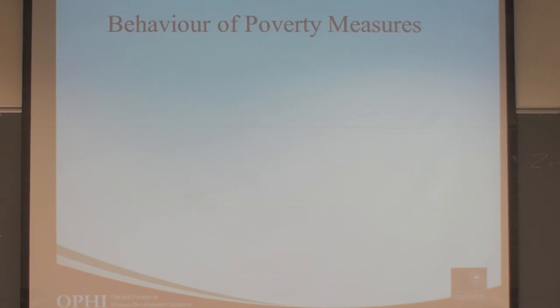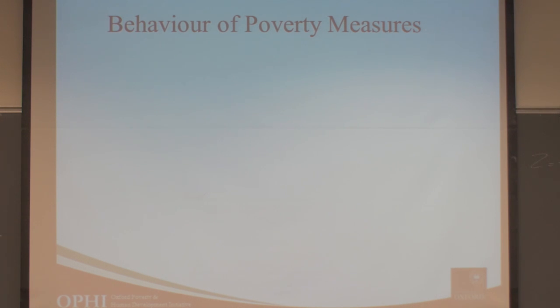So even before constructing a poverty measure, you need to agree on some normative aspects, that I want my poverty to change in this particular way. Suppose there are no poor persons in a society. What value do you want your poverty measure to give? Not 1 million, it may not make sense. Right? So these are some basic things.